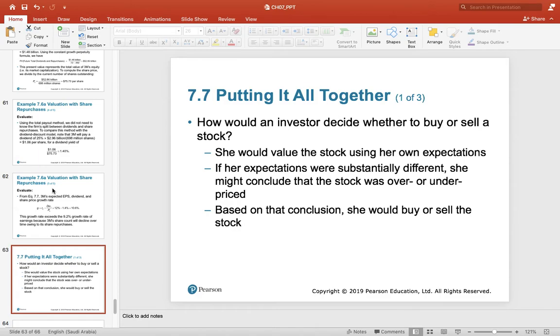Other valuations include FCFE, free cash flow to equity, and free cash flow to firm. Similarly, we can use the relative valuation approach like in chapter 2, where we have seen the market value ratios. You make the valuation, then compare it with the stock price. If it is underpriced, buy. If it is overpriced, then sell. Based on those conclusions, you would buy or sell the stock.